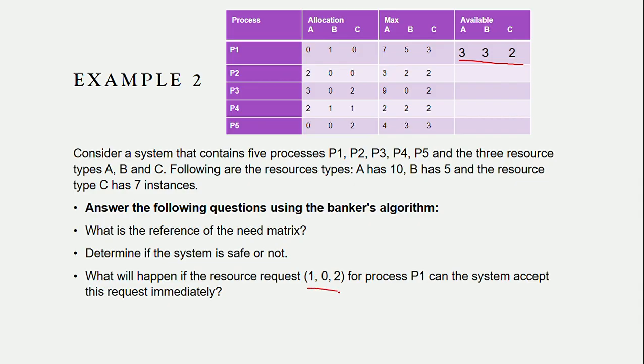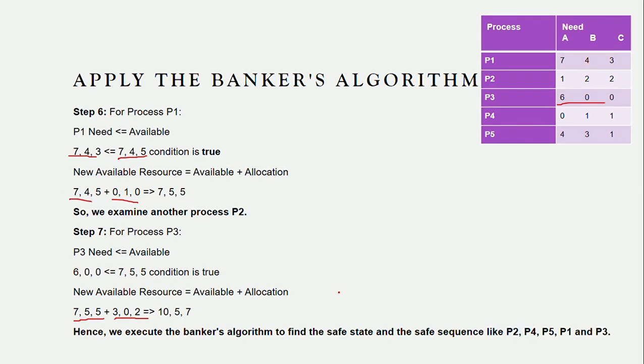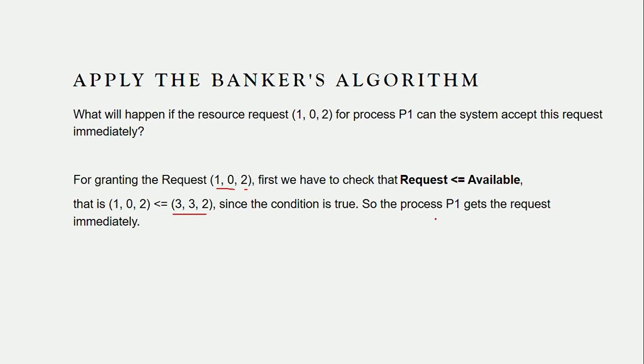So obviously we can allocate the resources for the P1 process because out of 3, 1 I can allocate, out of 3, 0 I can allocate, out of 2, 2 I can allocate. That means the system can accept this request immediately. So the condition is true: request, or need, is less than or equal to availability. P1 gets all the resources immediately.